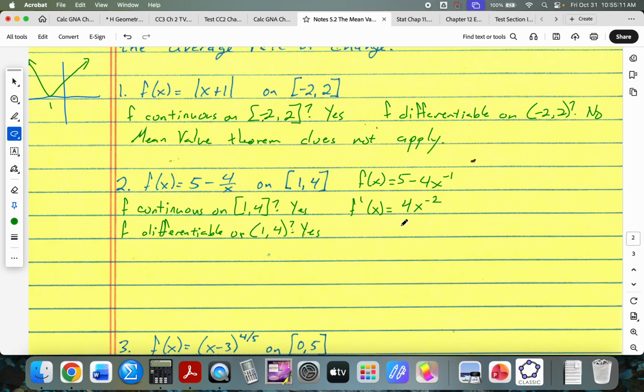So I've already got the instantaneous rate of change. That's 4 over x squared, which is equal to the average rate of change. So that's going to be f at 4, which will be 5 minus 4 over 4, minus f at 1, which will be 5 minus 4 over 1, over 4 minus 1.